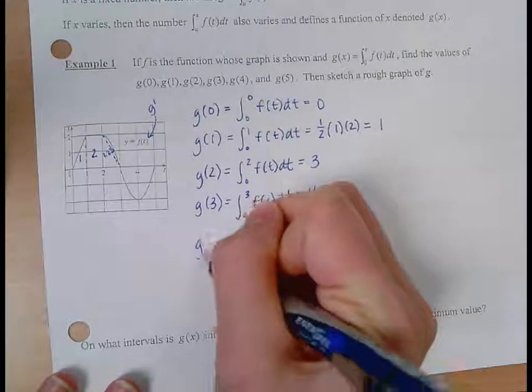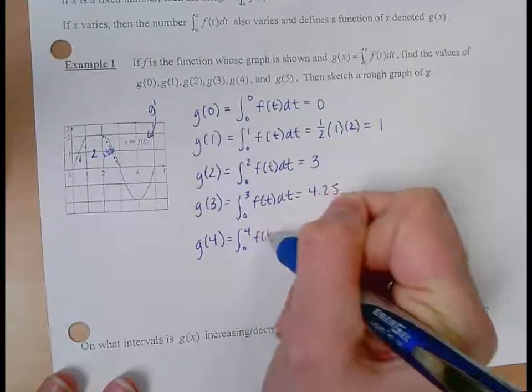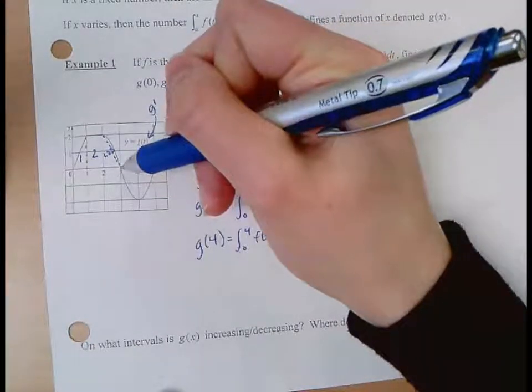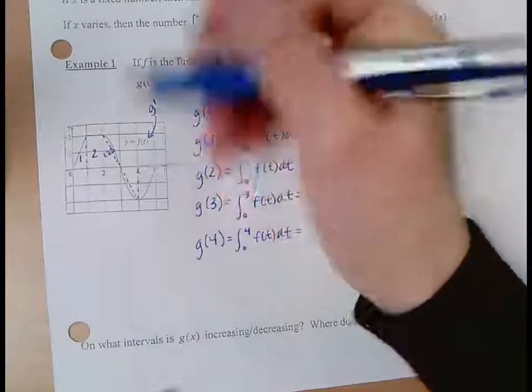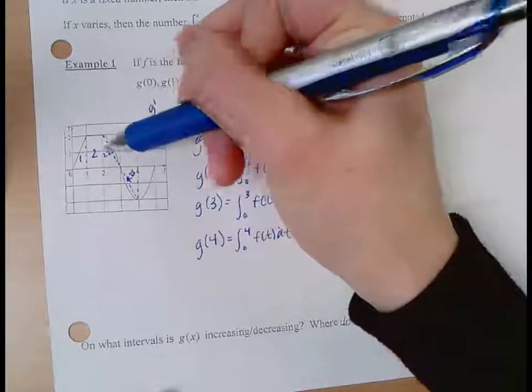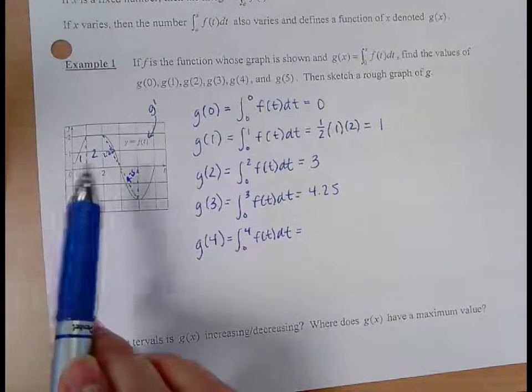And then we have 2 more, g of 4. So it is 1.25. It would be the same area that was up here, but it's below, so it's negative. So now our value is actually just 3.